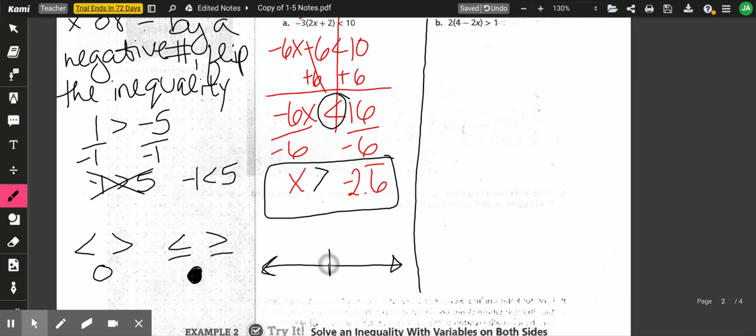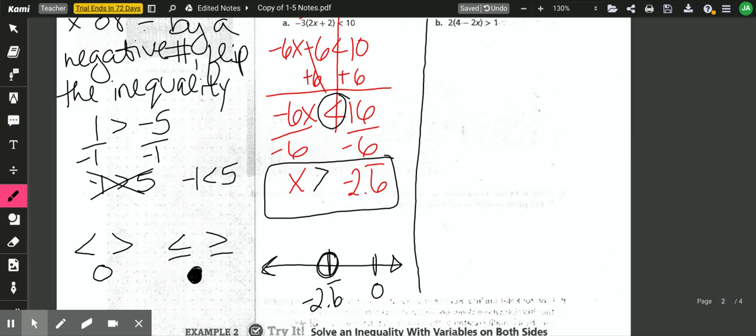I'm going to put my solution, my answer, that -2.6 repeating right here. And usually it's good to have a couple other numbers. I would say maybe just figure out where 0 is. Where would 0 be on your number line? So since this is a negative number, 0 would be over here somewhere to the right. If it was a positive number, 0 would be on the left. I have a greater than symbol with no line underneath, so I'm going to have an open circle right here.